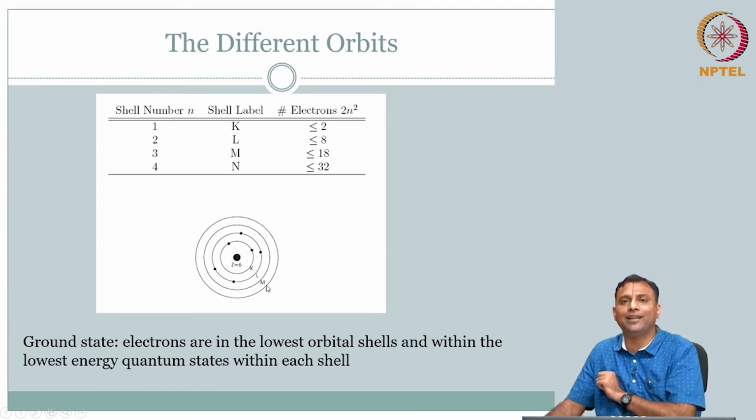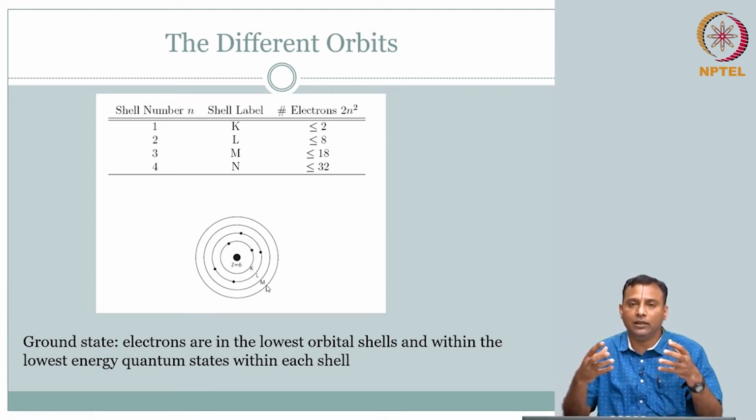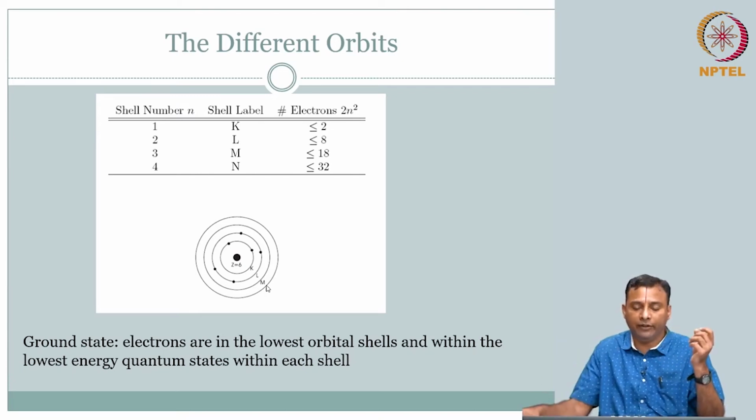By nature, the electrons of a given atom try to organize in such a way that they first fill the K shell, and not only that, a given shell can have only so many electrons, so that the energy is in a low energy state.